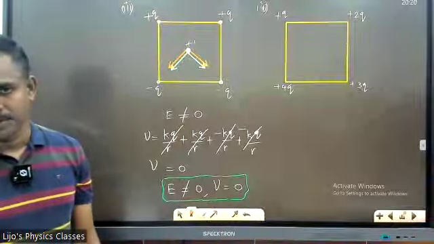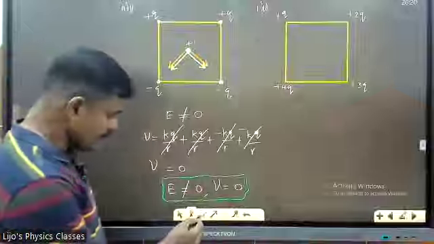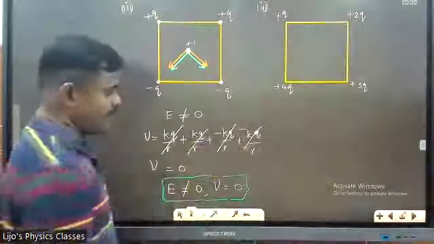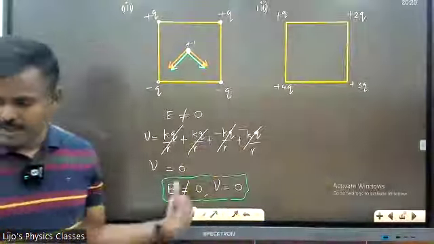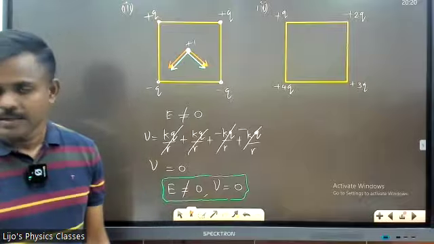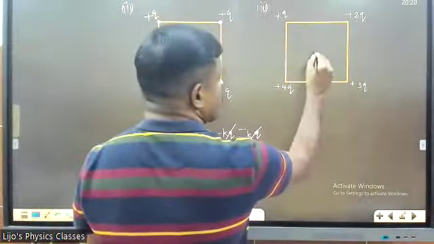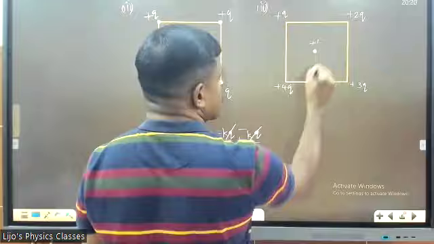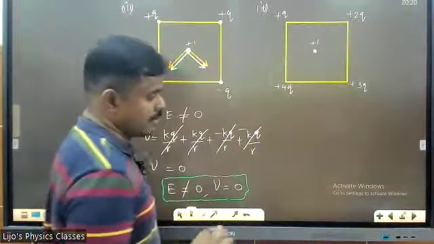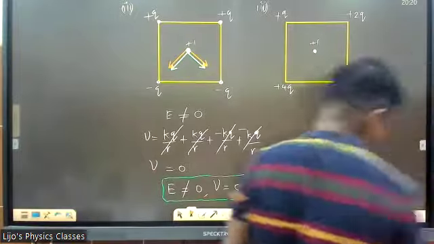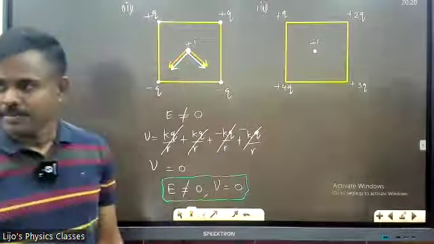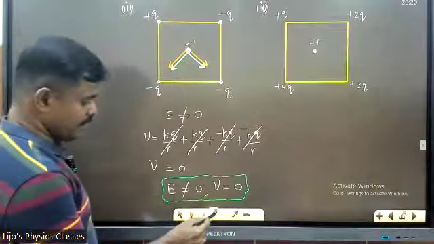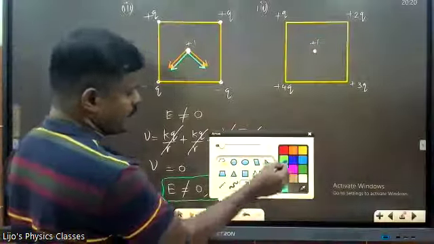Let us do the fourth configuration. Okay. Now, tell me when you are done. Finish this. E not equal to 0, V equal to 0, right? Fourth one, you can put a plus 1 coulomb here. Put a plus 1 coulomb. Tell me what now? Let us draw each force one by one.